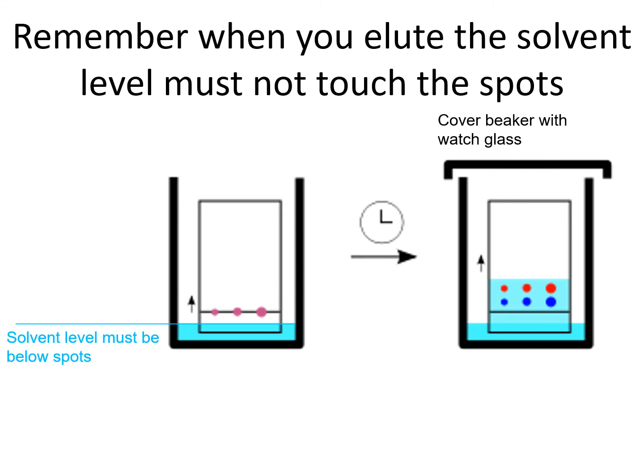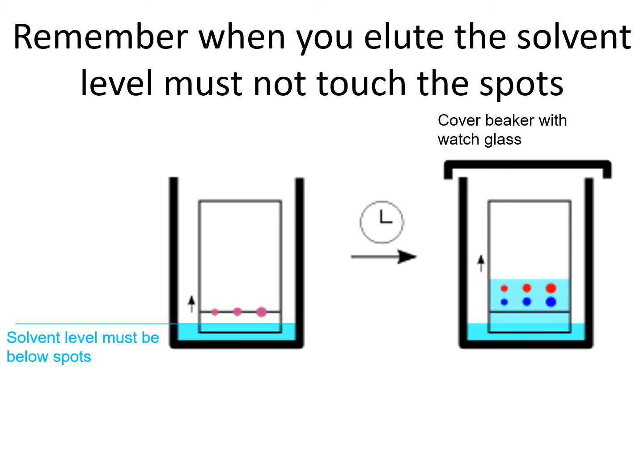So we prepare our mobile phase and we spot our samples, and then the next step is simply to gently put the thin layer plate into the solvent.